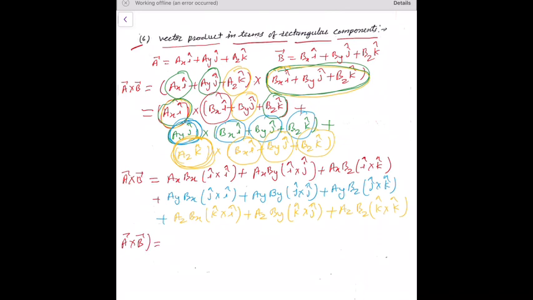Now a vector cross b vector is equal to I cap cross I cap, 0.